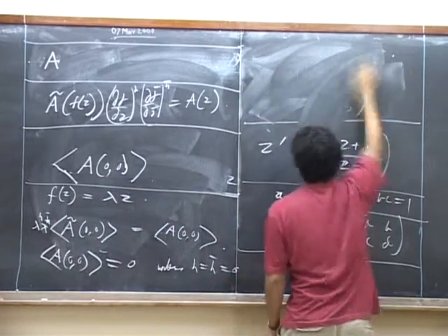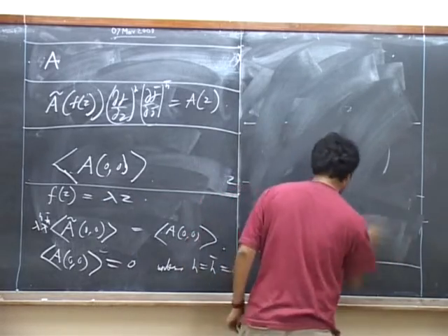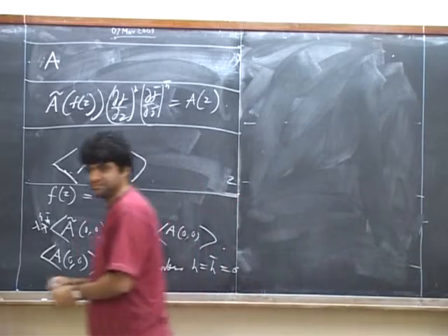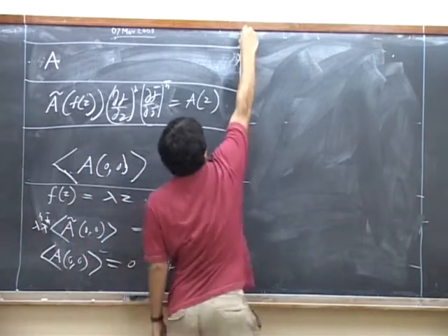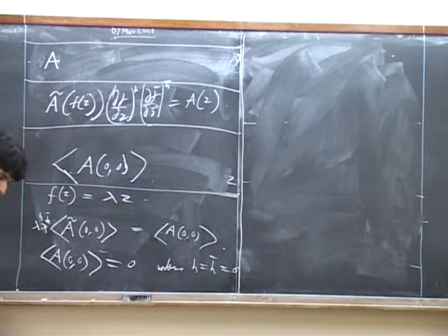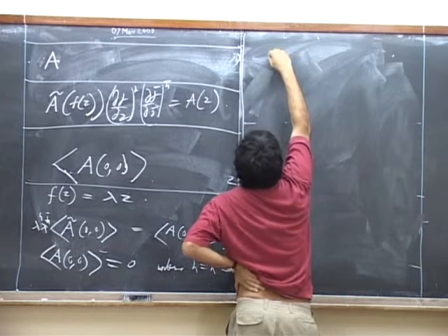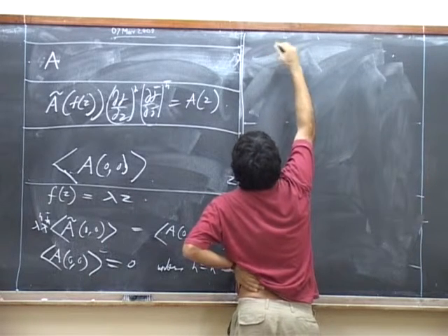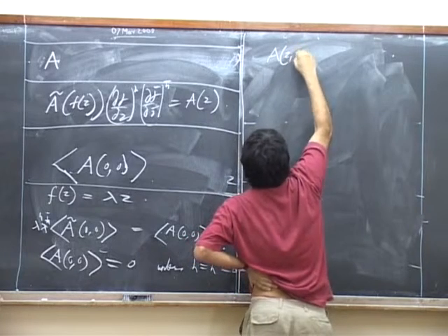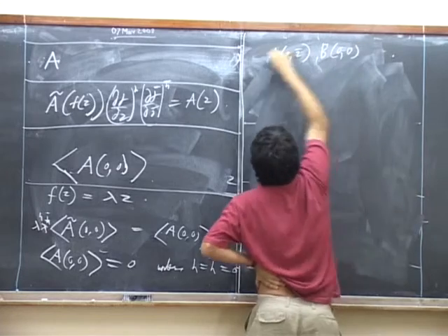The next thing we want to do now is to study the two-point functions of operators. So, let's do the following. Let's study A(z bar) with B(0,0).